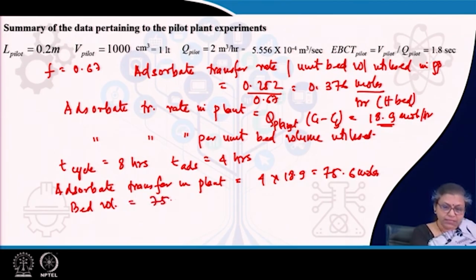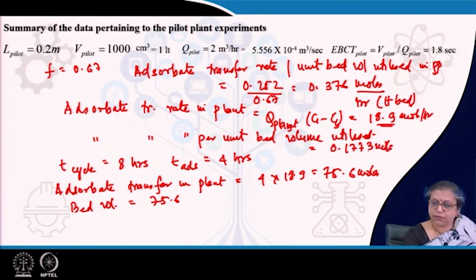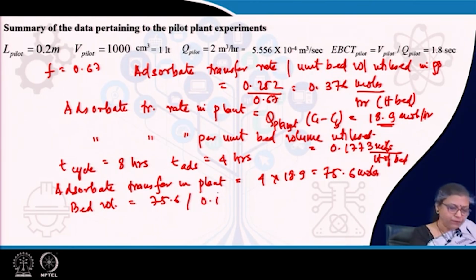That is going to be 75.6 divided by the adsorbate loading per unit of bed volume, which was equal to 0.1773 moles per liter of bed. So, from there we can find out the bed volume that gets utilized, right.